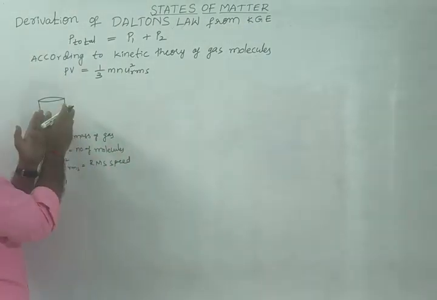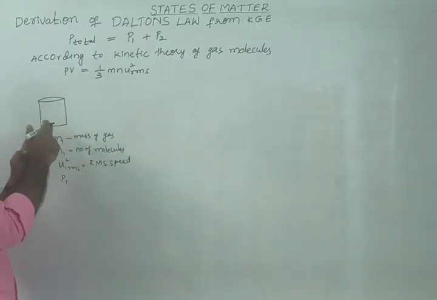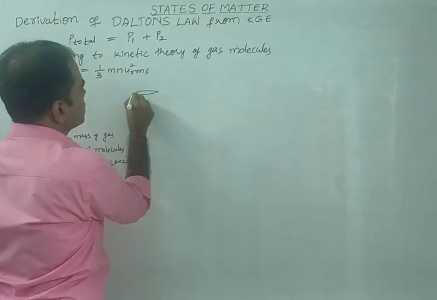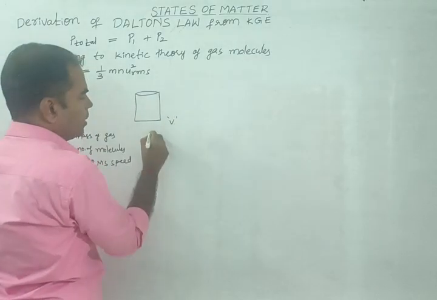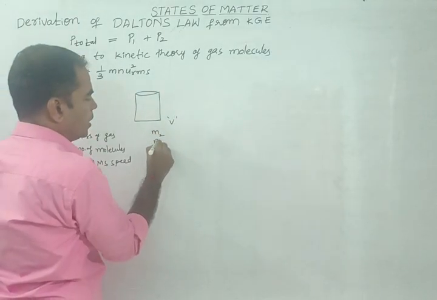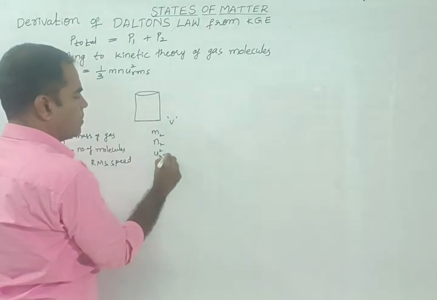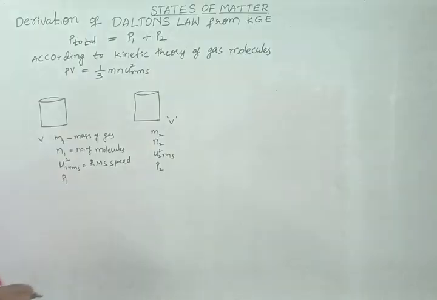Similarly, replace the gas with another gas in the same container, whose volume remains the same V, with mass m2, number of molecules n2, RMS speed u2 square RMS, and pressure P2.